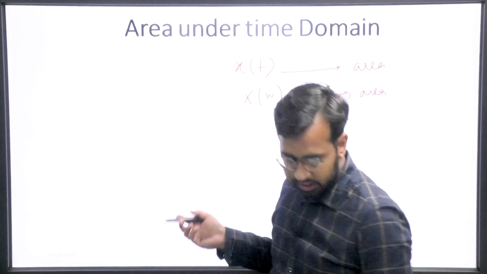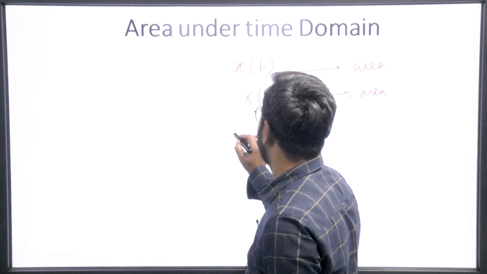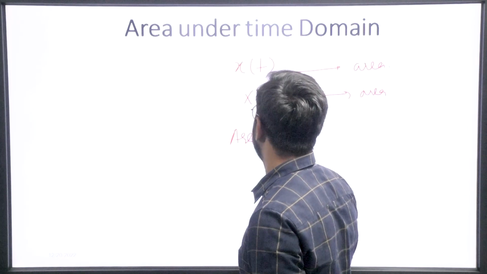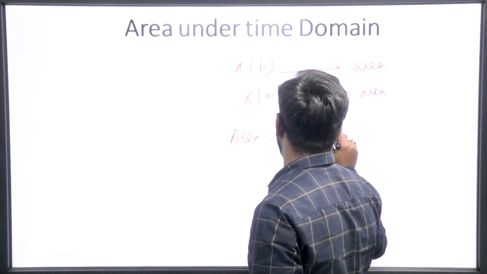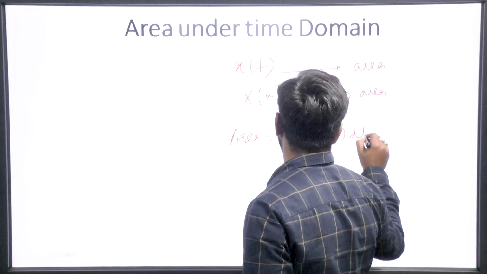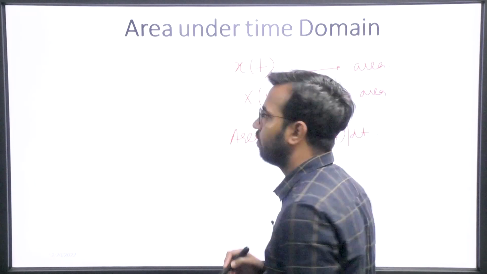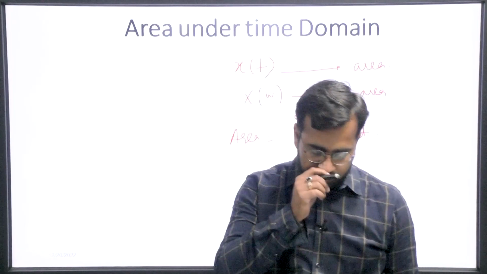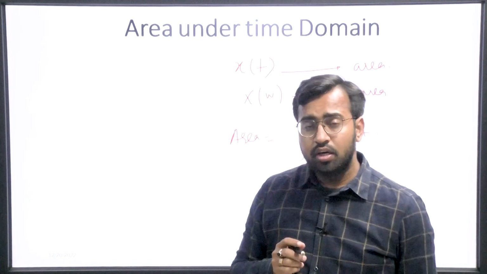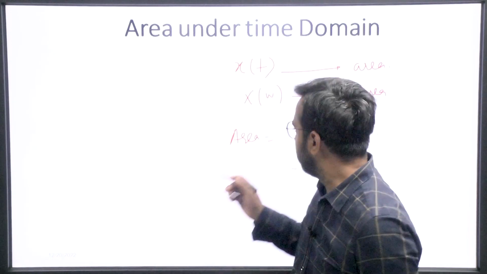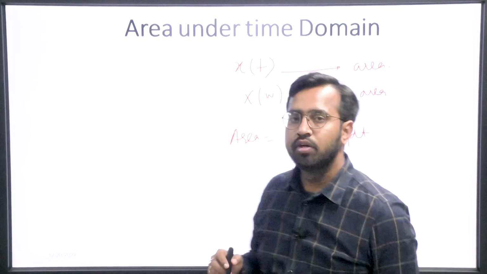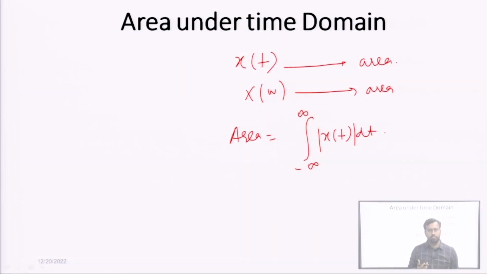The basic formula, as we know, for finding the area of any function is the integral from minus infinity to infinity of x(t) dt. This is basically an integration, so if there is some complex function, it is very difficult to integrate.